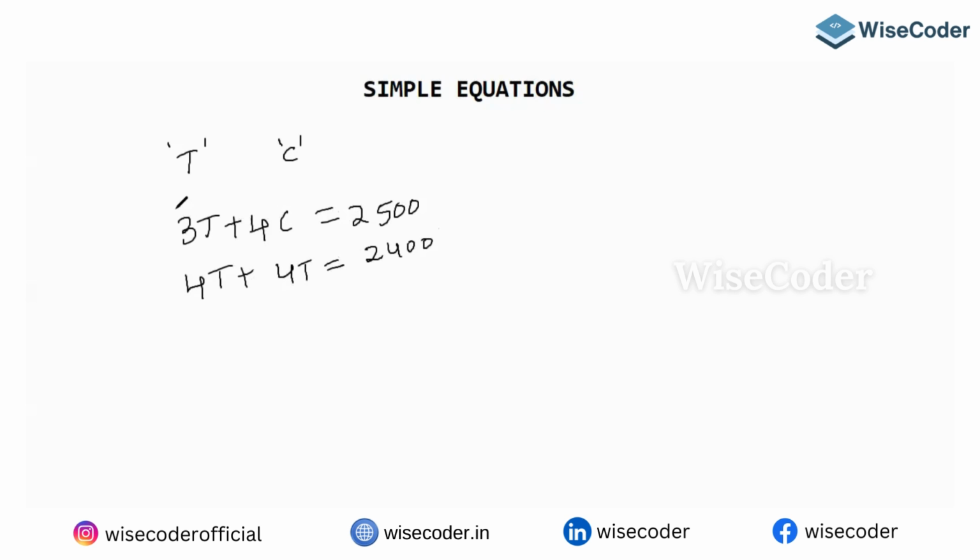So whatever you want, you can get it. If you want the chair, eliminate the table. Sorry, this is 3.